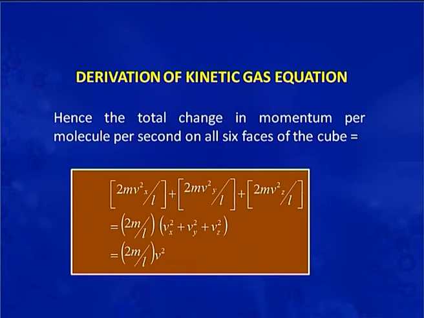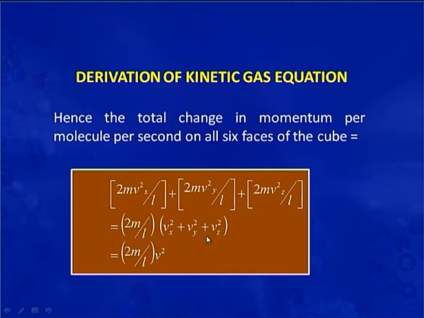Now we will take 2m by L common here. So, the equation is 2m by L into vx square plus vy square plus vz square. As I told you before, the mean square velocity, v square, is vx square plus vy square plus vz square.